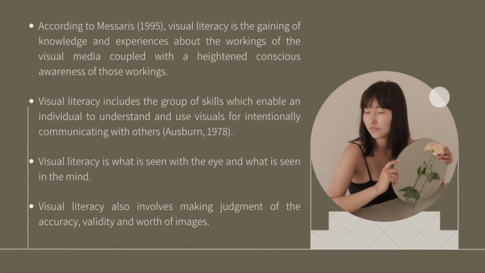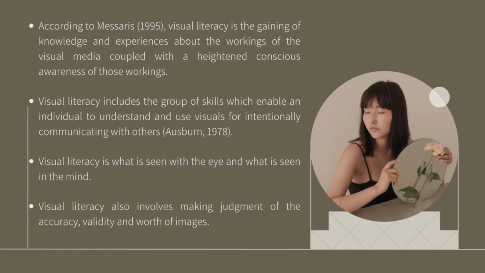Next, visual literacy is what is seen with the eye and what is seen in the mind. A visually literate person should be able to read and write visual language and must have the ability to successfully decode and interpret visual messages and to encode and compose visual communications.